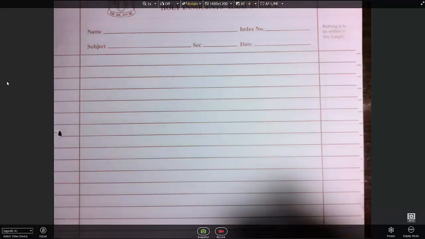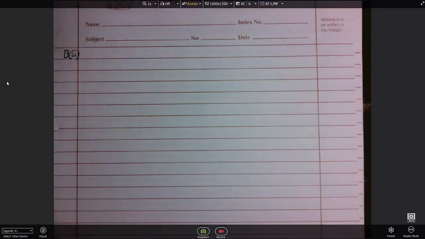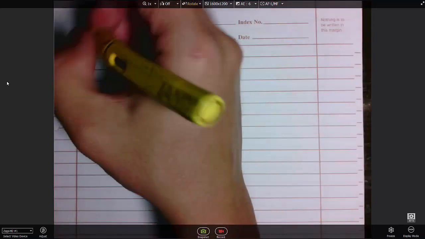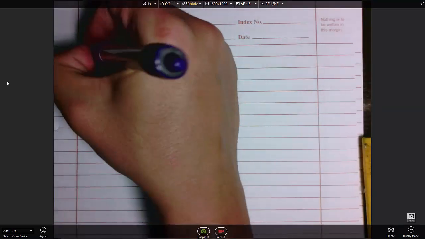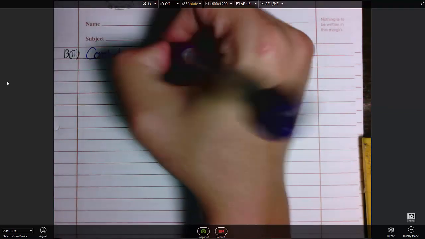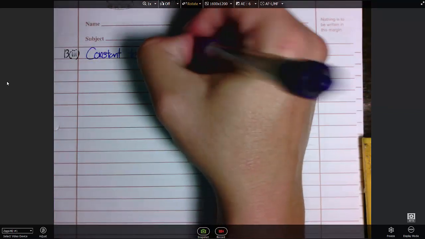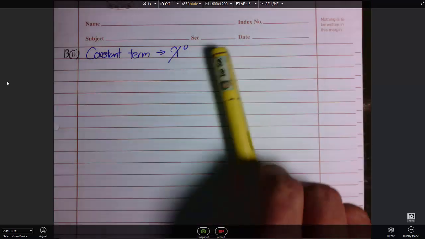Quickly, I move on to 13 part 3. Let me adjust the camera here. 13 part 3 asks us to find the constant term. A constant term basically means that we are looking for x to the power of 0, because x to the power of 0 is 1.